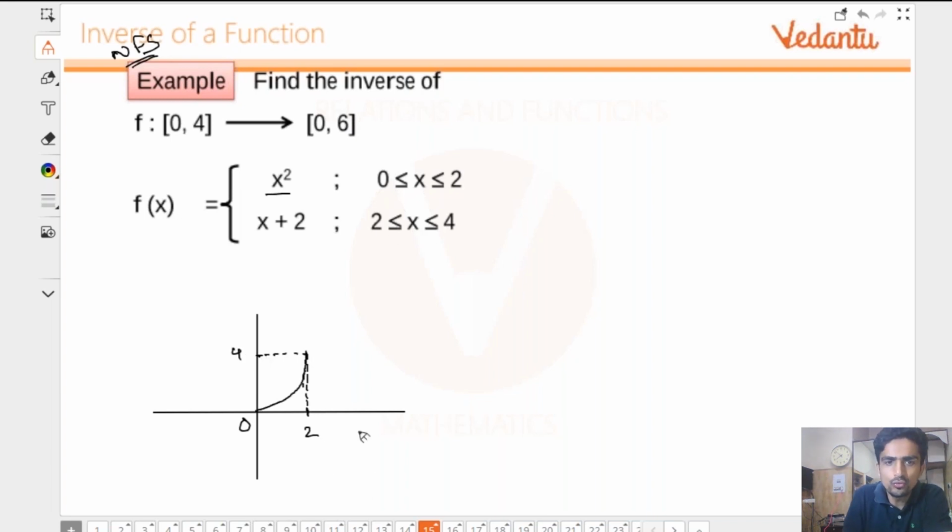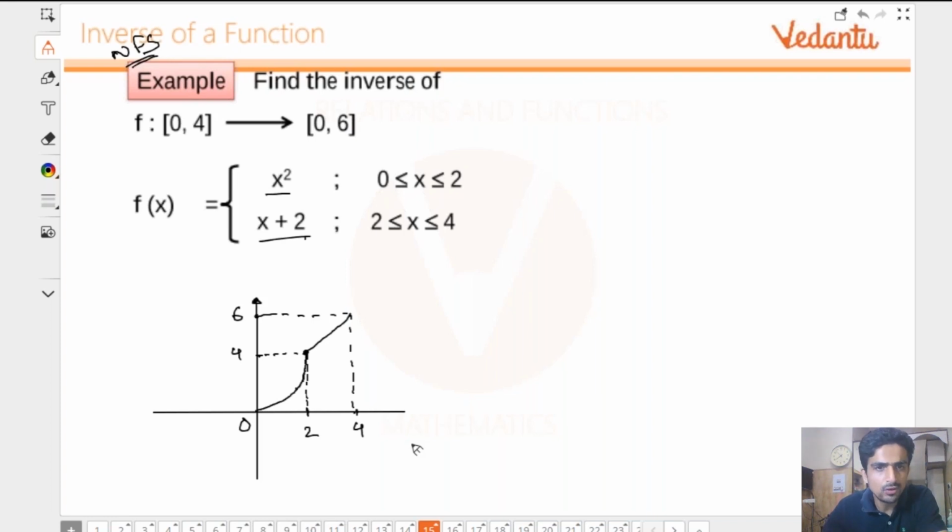Then from 2 to 4, the function is x plus 2, which goes like this. At 4, it is 6. So that is the graph of f of x.